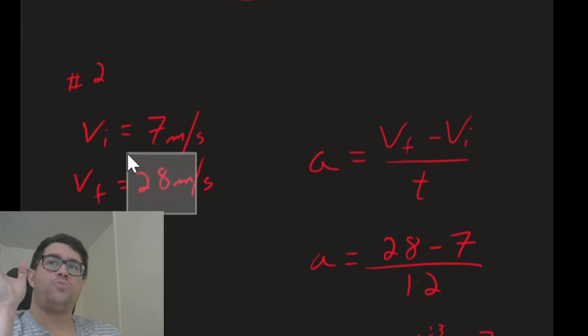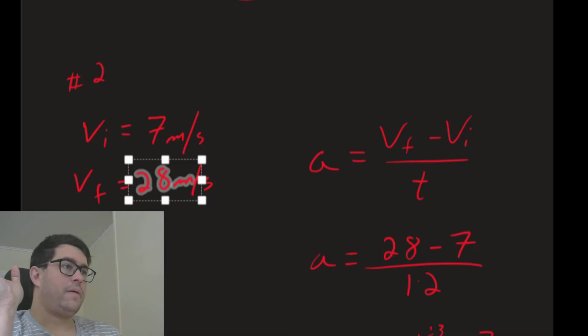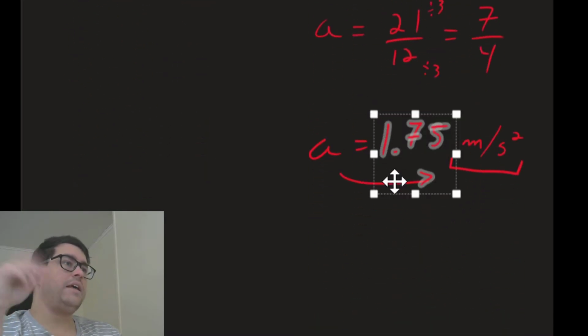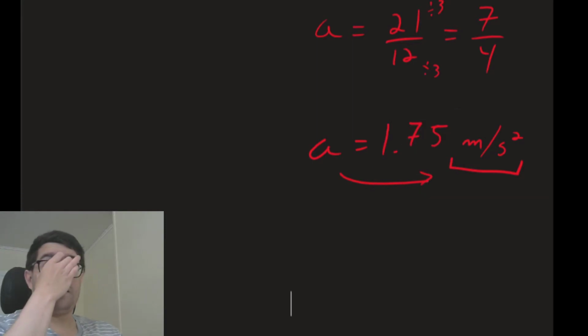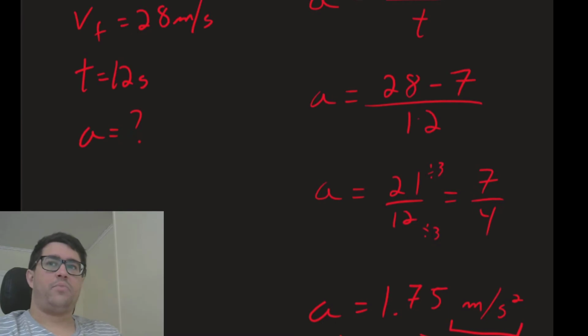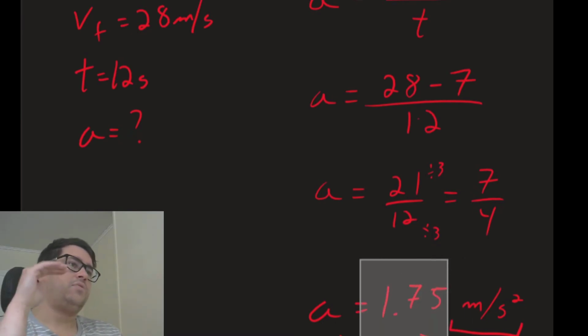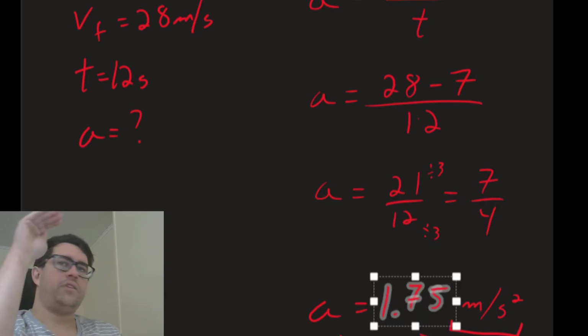You know, it gets to 28 in 12 seconds, right? And that's the rate at which the speed increases every second. You'll also notice that it's a positive value. It's a positive 1.75. So it's increasing from a lower number to a higher number.